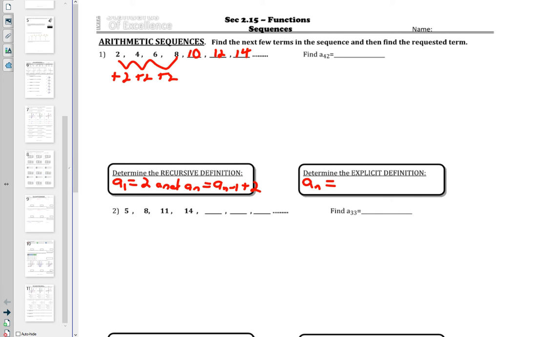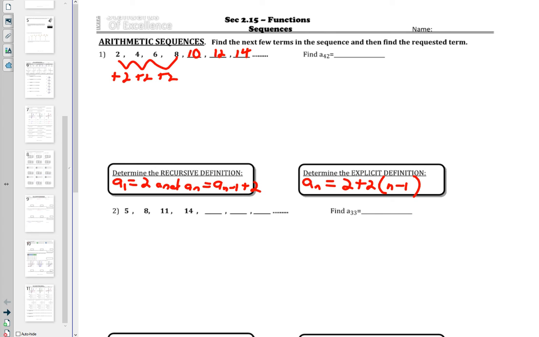You have to start off with a sub 1. What's a sub 1 here? It is 2. Then after that, you put the common difference, which is 2 again, so we would write plus 2 times n minus 1.